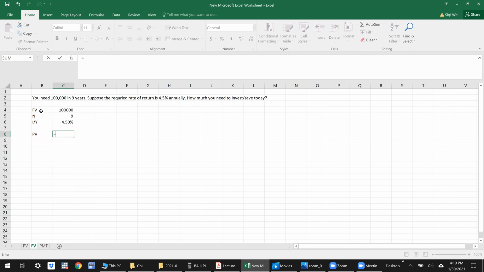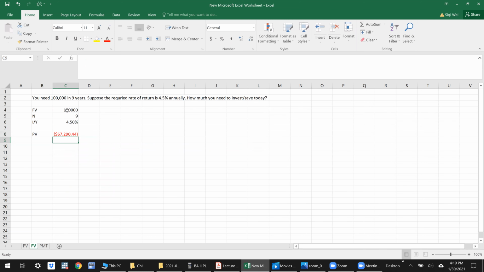So in Excel, you can use the present value PV function, and the inputs include the rate, number of periods, annuity component, and the future value. So the rate is given. The second input is number of periods. The third input is payment, which is 0. And the fourth input is future value.